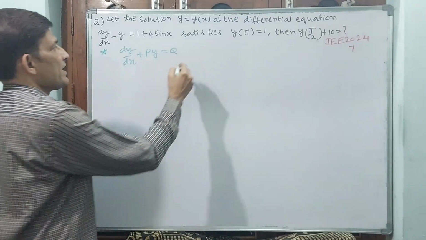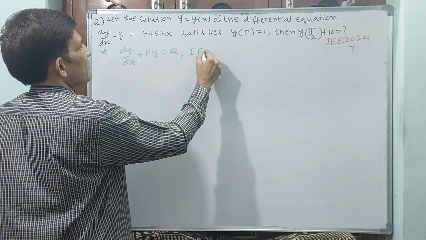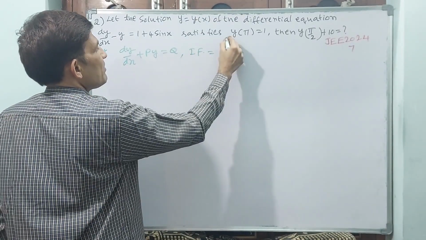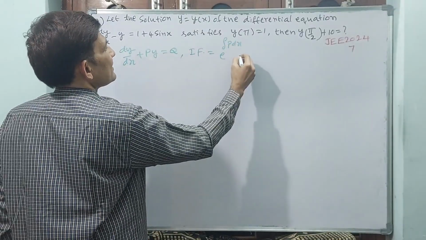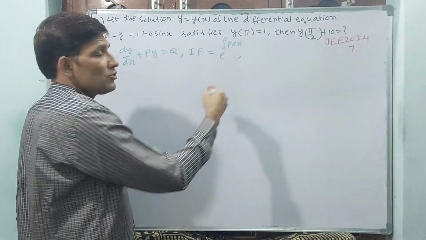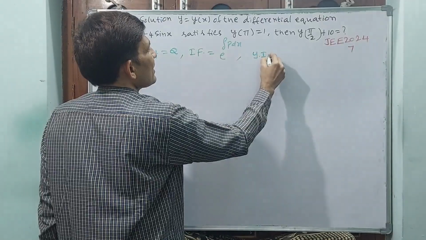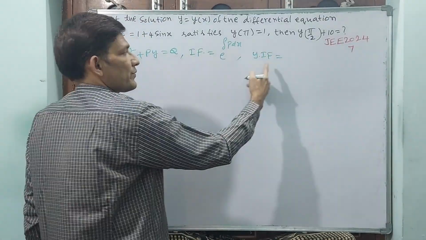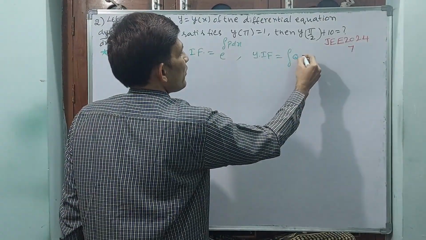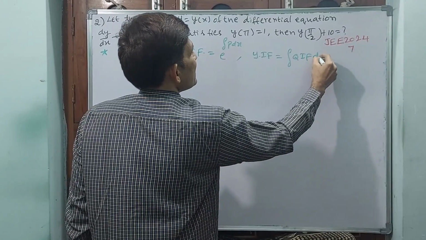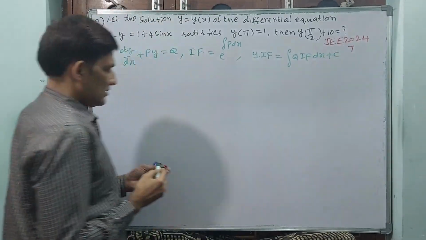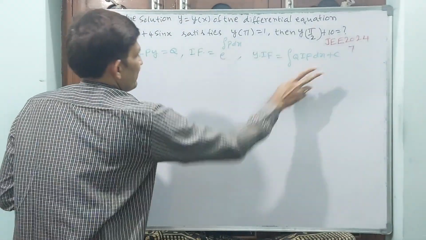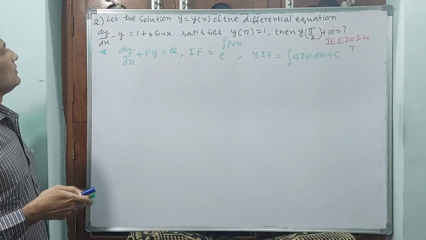If this is there, first we will find the integrating factor. What is the integrating factor? e power integral P dx. Then the solution is y into integrating factor equals integral of Q into integrating factor dx plus c. These three you have to follow.